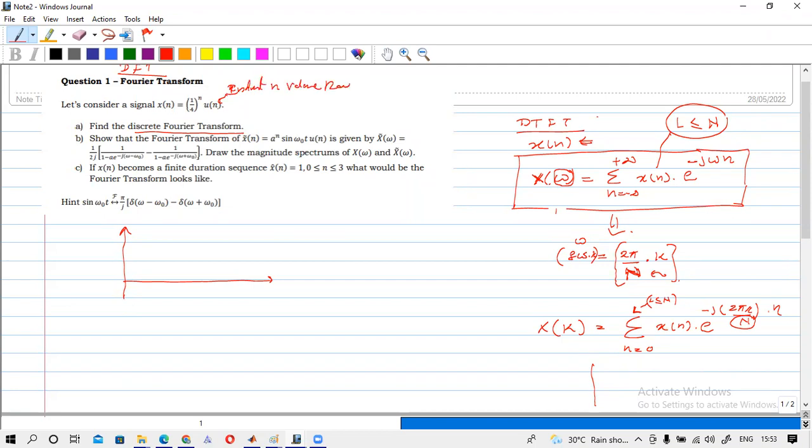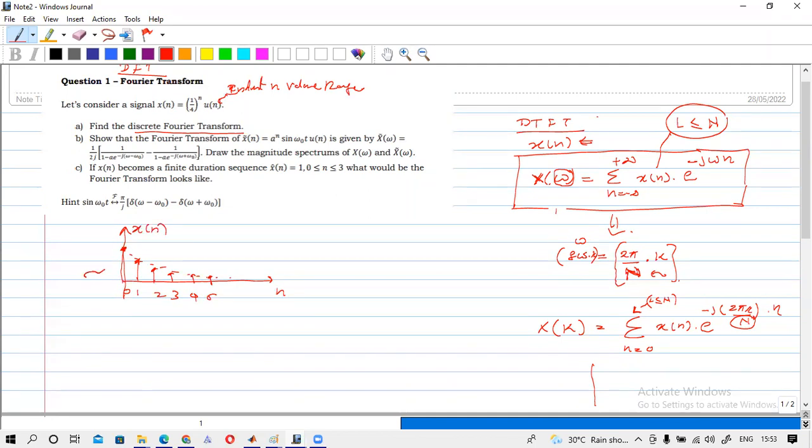You already know we have done this. You have only plus-sided values, so you get 1, 2, 3, 4, a decaying signal. Here 0 1 2 3 4 5 is n, and this is x[n].